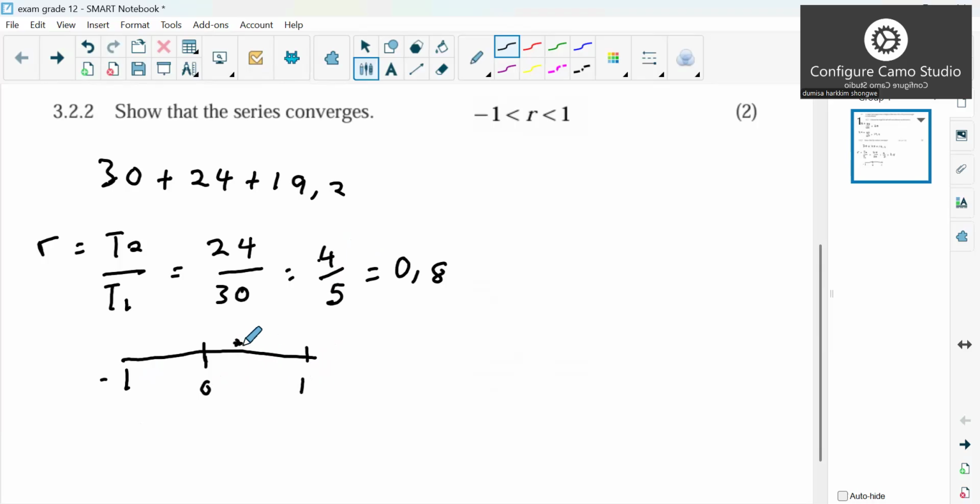Therefore, we're going to tell them that -1 is less than R, but R is less than 1. So our 0,8 is less than 1 and greater than -1. Therefore, our series converges.